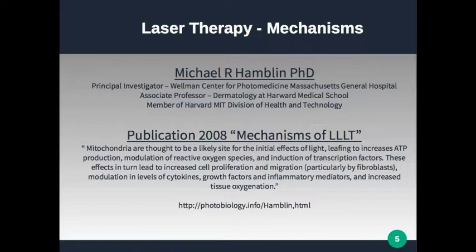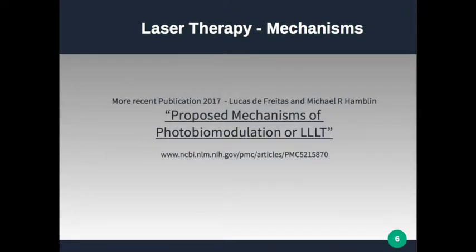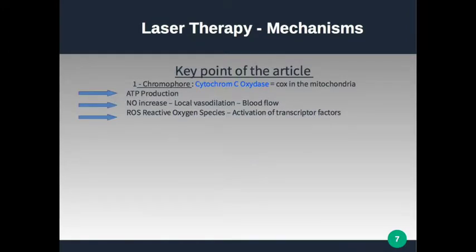You can find the full article at the address below. A more recent publication in 2017, again available on PubMed at the following address, reviews the recent discovery about photobiomodulation mechanism. The first key point of this article confirms that photobiomodulation is due to an increase in the oxidative metabolism in the mitochondria.